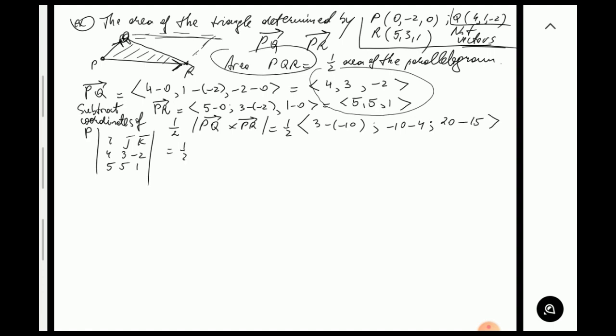So it's going to be 1/2 the magnitude of the vector (13, -14, 5). Do this on your own, compute the magnitude. That's going to be 1/2 square root of 13 squared plus 14 squared plus 25. You should end up with approximately 19.75.